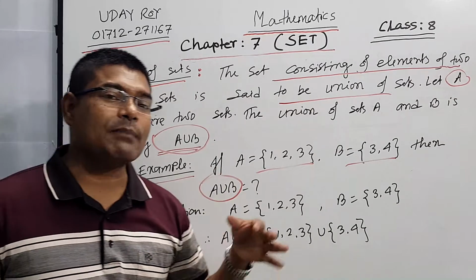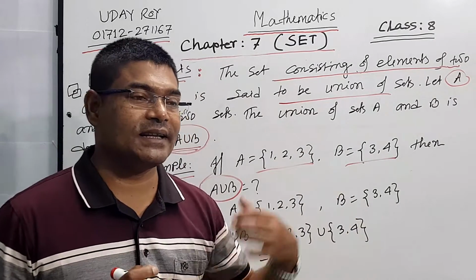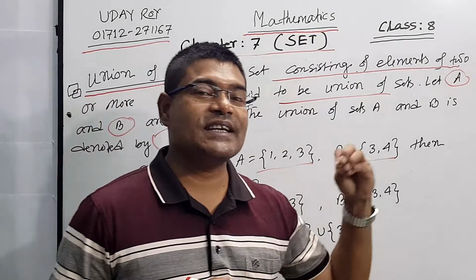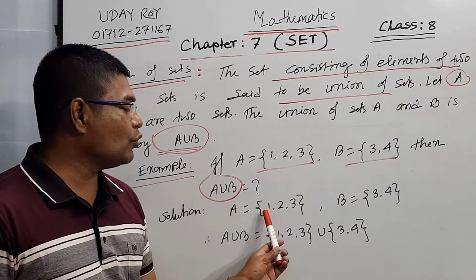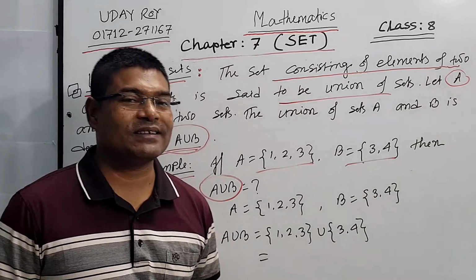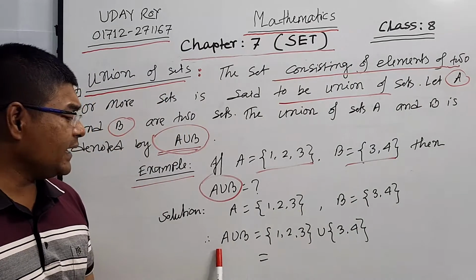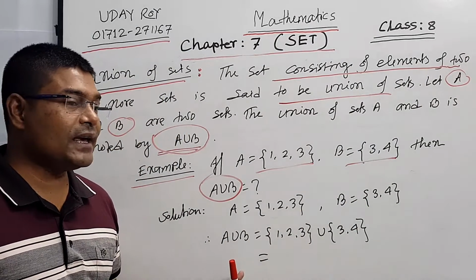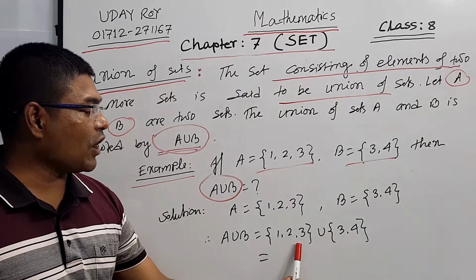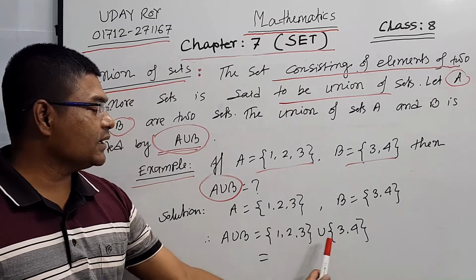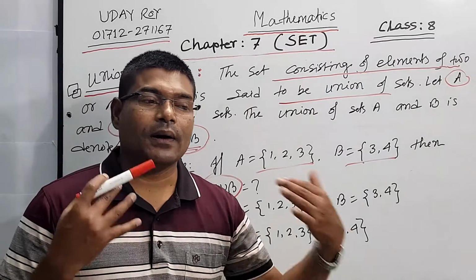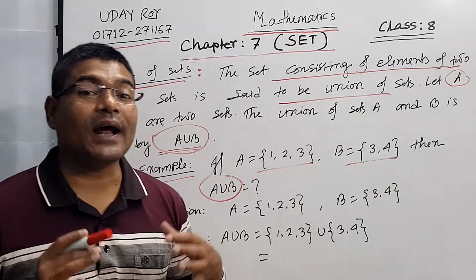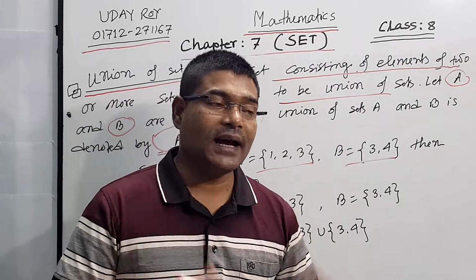At first you have to write given. In this type of maths, at first you have to write given. Given A equals 1, 2, 3, B equals 3, 4. Then A union B: elements of A and union elements of B. So union means common and uncommon.